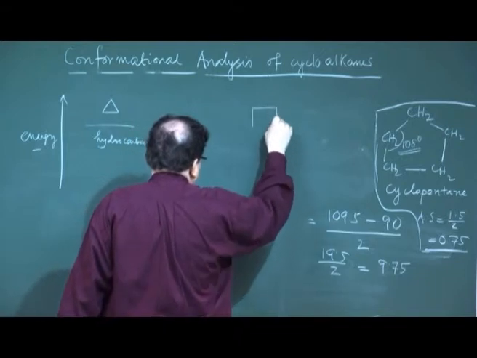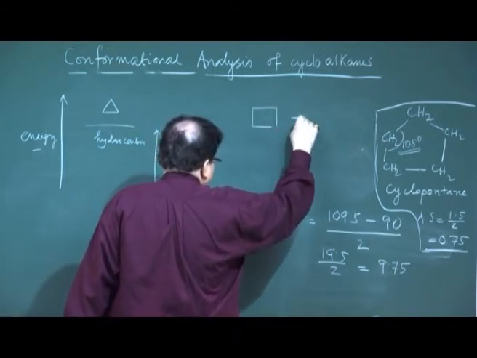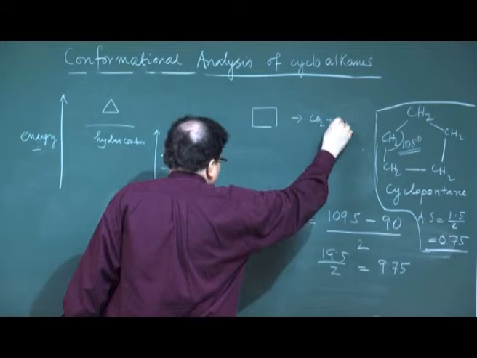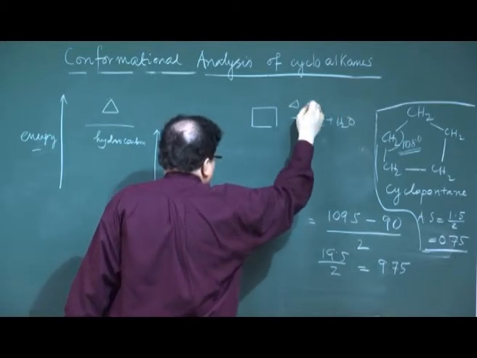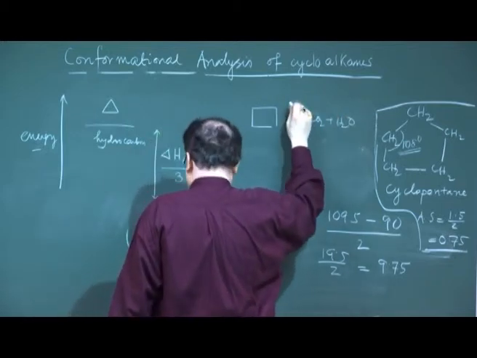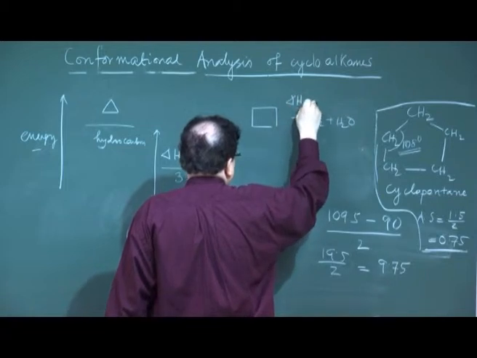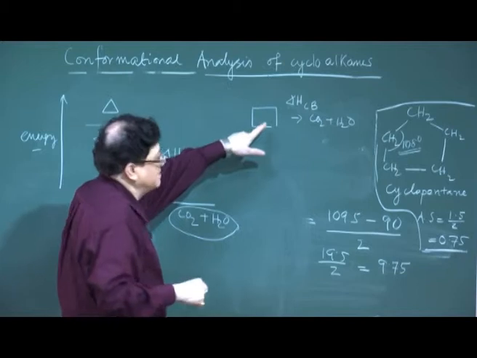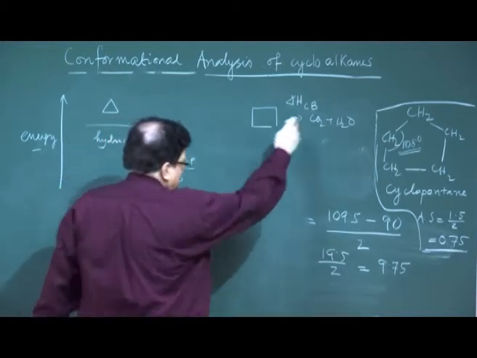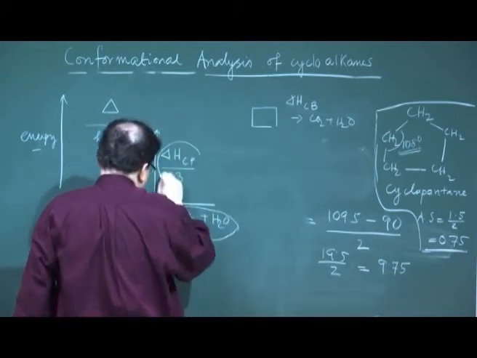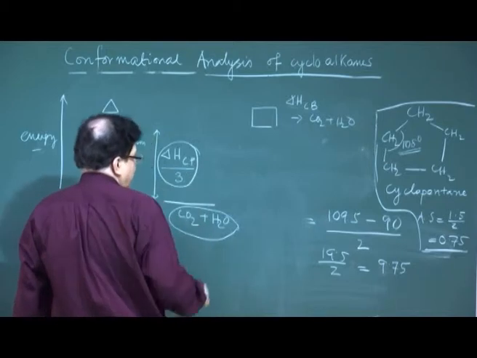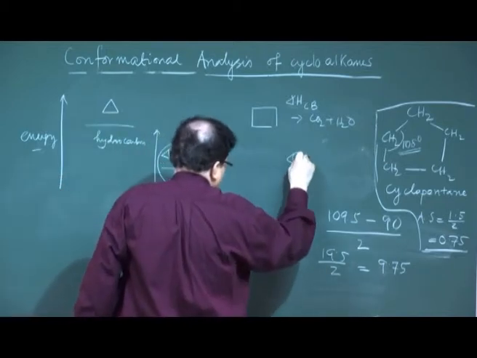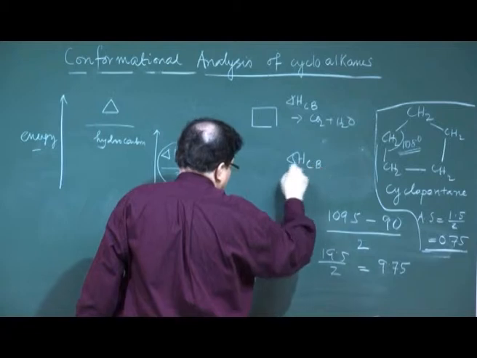So, if you burn cyclobutane, you will again get carbon dioxide and water, and this is the delta H of cyclobutane. So, when you want to compare this versus that in terms of stability, you compare delta H for cyclopropane divided by 3 and for cyclobutane delta H cyclobutane divided by 4.